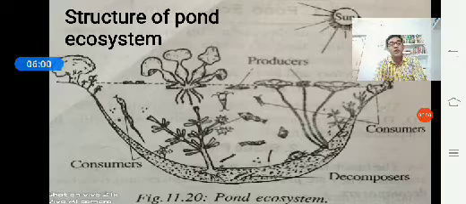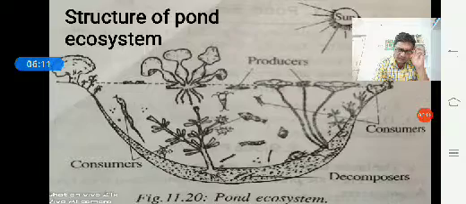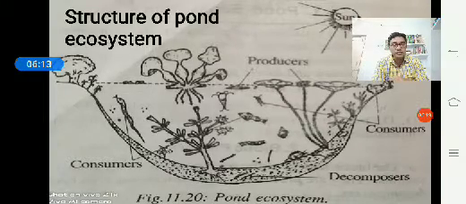First, the producers. In the pond ecosystem, the green plants synthesize their organic food by photosynthesis and produce energy. The producers are plants like phytoplanktons, algae, hydrophytes like hydrilla, lotus, lily, azolla, pistia.